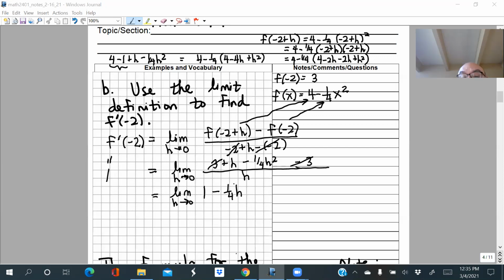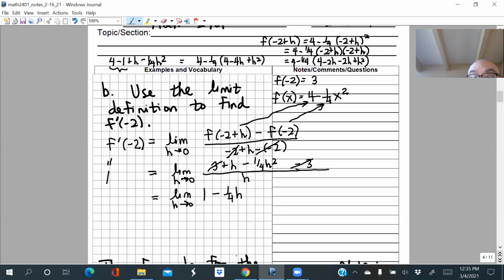That's right. So as h gets really small, as h is getting closer to 0, minus 1/4 h is essentially going to become 0, because you're taking the minus 1/4 and multiplying it by something that's almost 0. So this part goes to 0, but this part doesn't change because it's not being affected by the h.